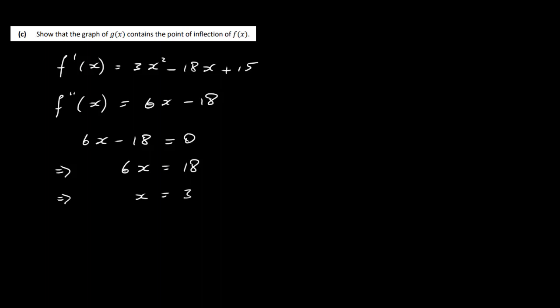Now if x is equal to 3, we put that into our original function to find what the y would be. So that would be, let's see, it was 3 cubed, and then it was minus 9 times 3 squared, and then we had a plus 15x, so that would be 15 times 3, and then we had a plus 8 at the end.